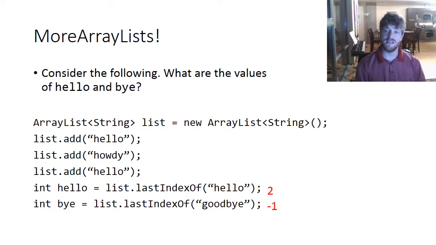LastIndexOf will return the last index where that element is found, and in this case, hello is found at 2. That's the last place that it's found. And once again, goodbye is -1 because it doesn't appear anywhere in the list. So that's it for searching. We have contains, indexOf, and lastIndexOf.